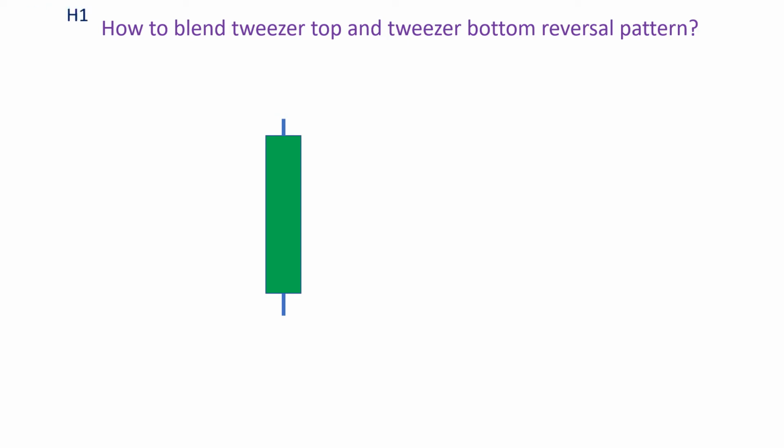Let's assume this is a bullish candle with H1 time frame, and we want to blend this one with a bearish candle also with H1 time frame.